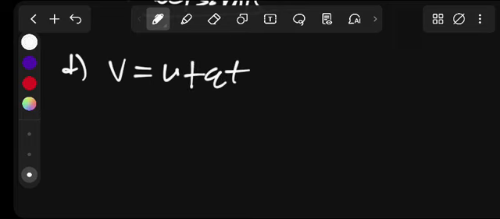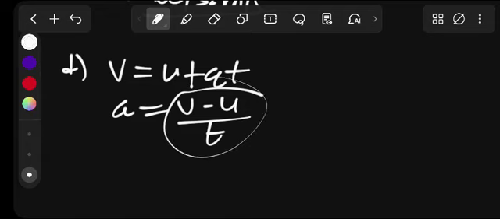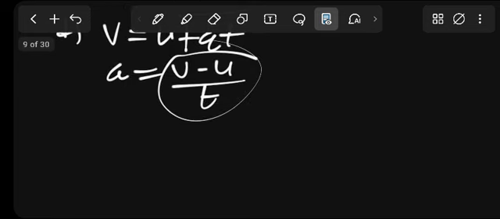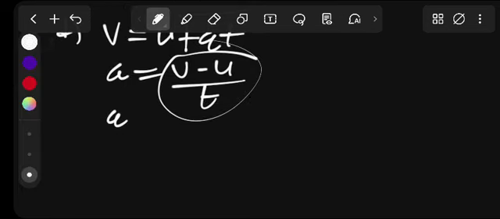We want a equals V minus U divided by T. Using this formula, we'll have that our velocity is 60.32 minus the initial velocity.